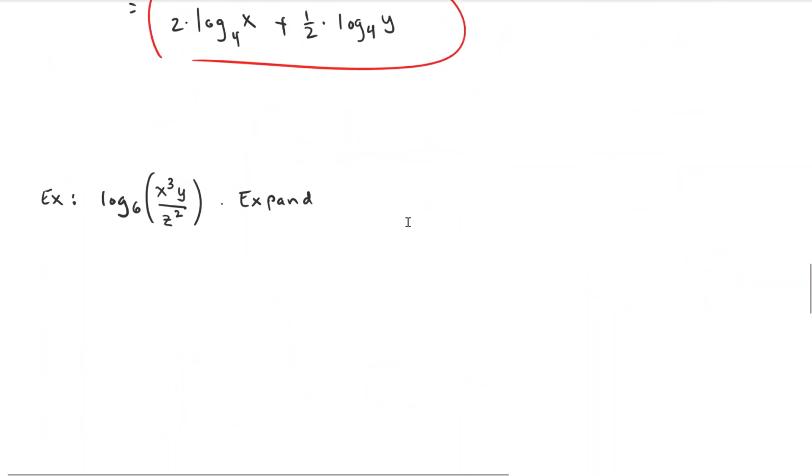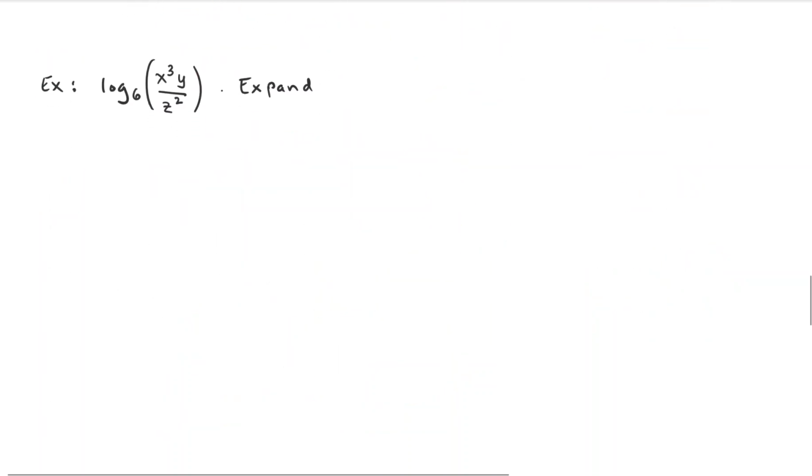Let's try another one. Let's see what we do here. So at first glance, it looks like I'm going to have to use the quotient rule because I have 2 things that are divided. I have a quotient, one thing is divided by something else.